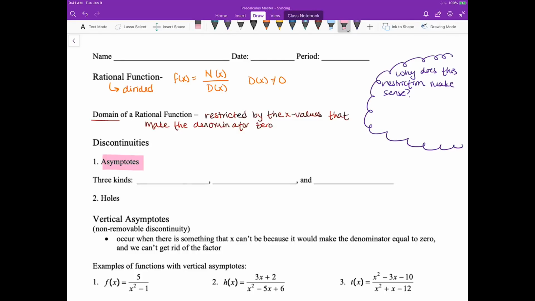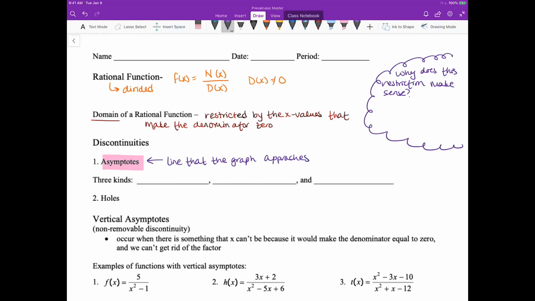You've seen this word before in Algebra 1, and an asymptote is a discontinuity in the graph, so it makes two parts where each part of the graph has some piece that approaches a line, and the asymptote is that line that the graph approaches.